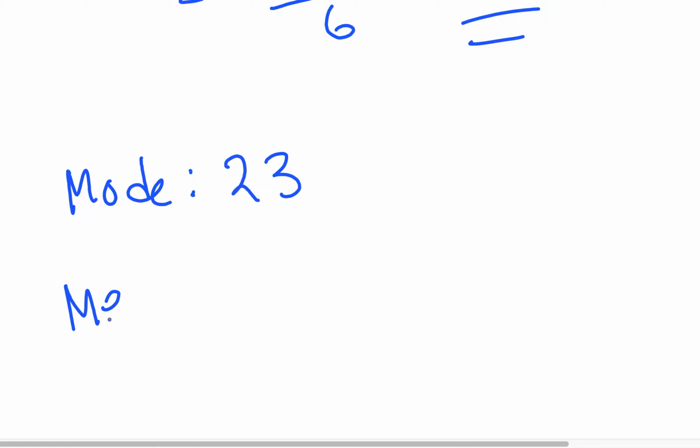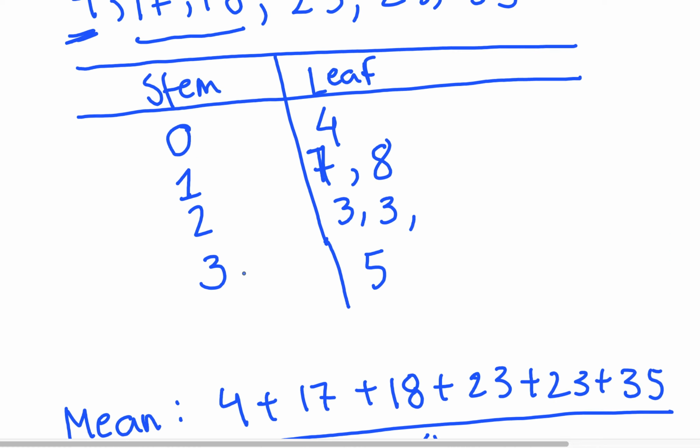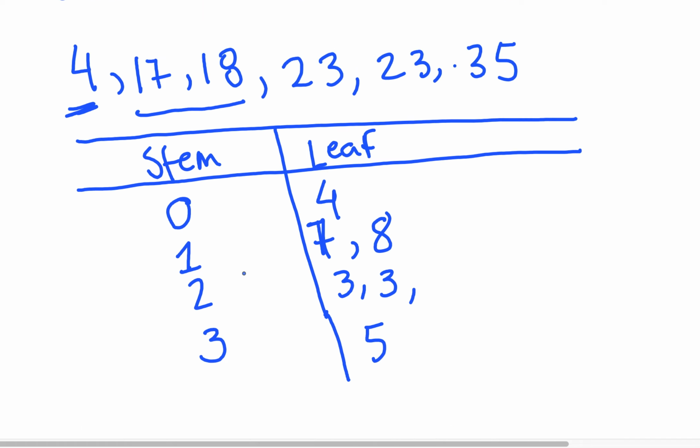If I ask you to find the median, what would it be? You have to go back to the numbers. You have to cross out one by one, by one. Start at 4 and cross out from 35. Well, not really. Just look for the middle number. The middle numbers here are 18 and 23. We have 6 numbers here, which is an even set of data.